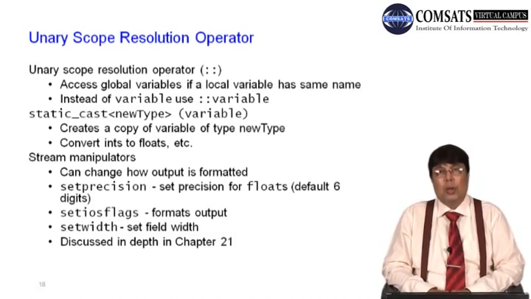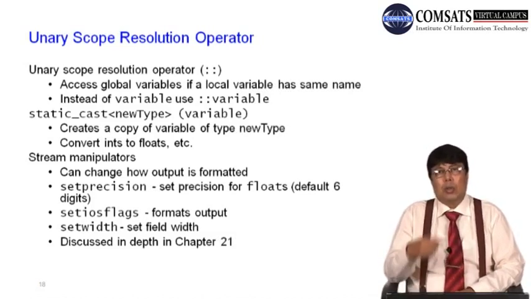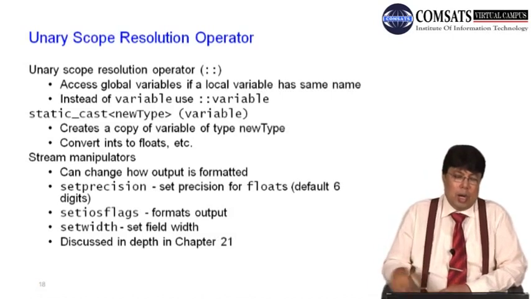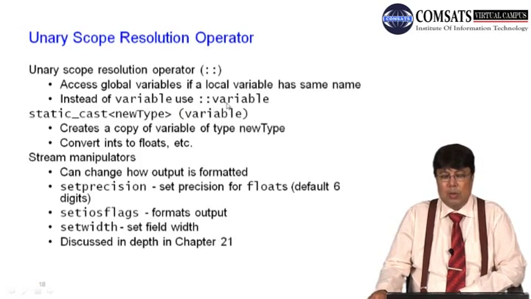So what if you would like the global counter to also be intact and available to you within a particular function? For that purpose you can use this unary scope resolution operator, and you can simply use it before the variable name.